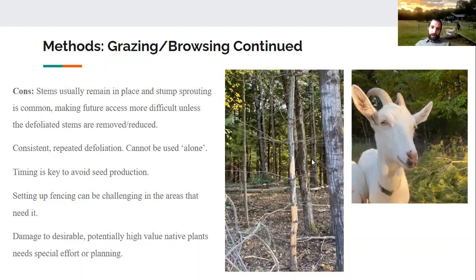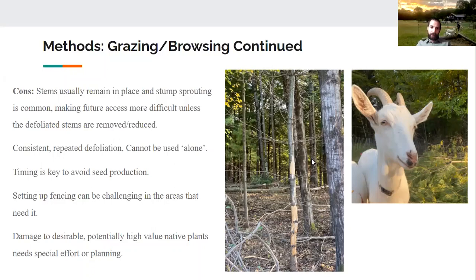One of the cons of using a grazing method, like any of these mechanical methods or non-herbicide methods we're talking about, is they really need to be consistently and repeatedly applied. Generally, we're going to want to combine this with cutting as well. Timing is key.